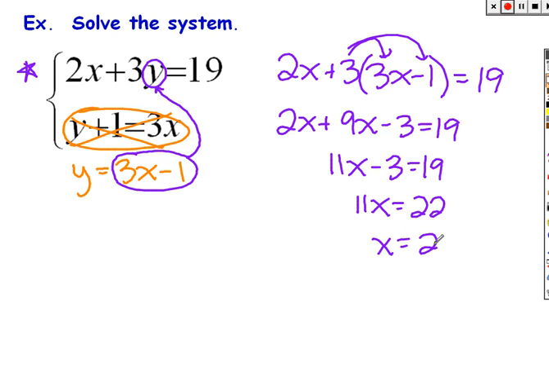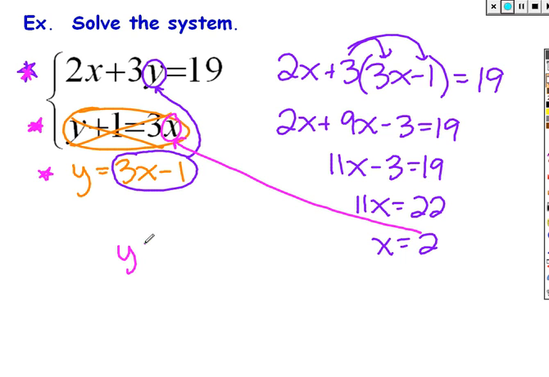Now the last thing is, once I know x is 2, I just need to go back to one of my original equations and substitute in 2 for x. I can really pick any one of these three equations, the first one, the second one, the third one. I'm going to pick the second one, just in case I rewrote the third one wrong, I'm going to stick with my original. So let's plug in 2 for x.